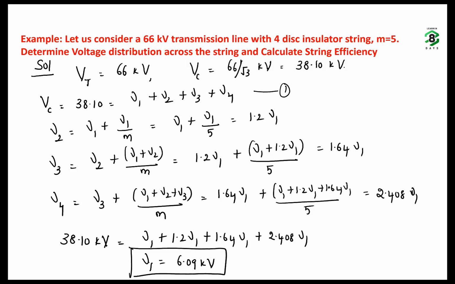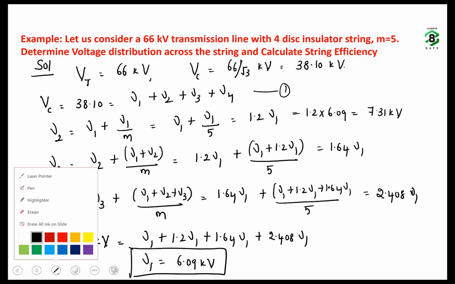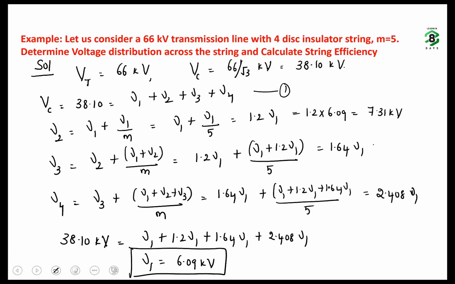6.09 kV. And similarly, your V2 value will become 1.2 into 6.09. How much will be this value? This value will be 7.31 kV. And this value will become 1.64 into 6.09.